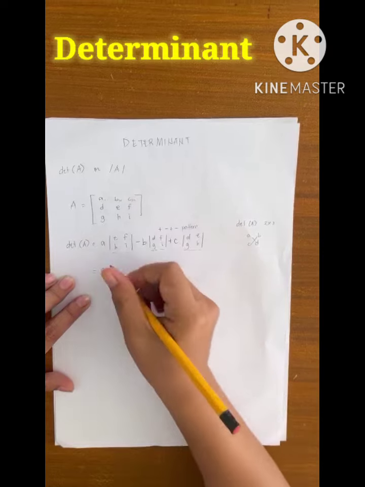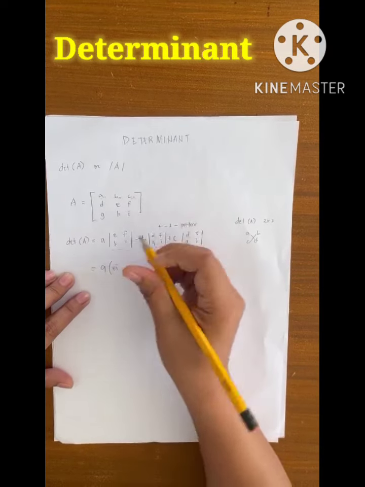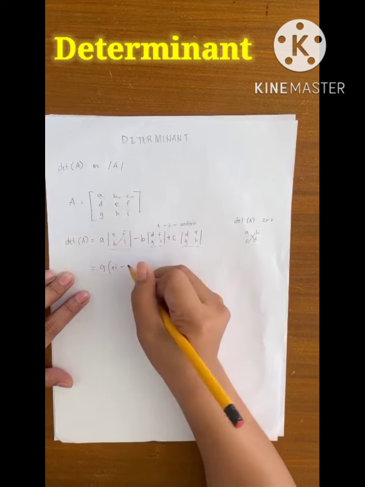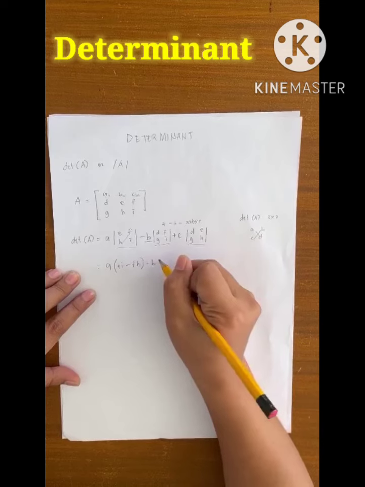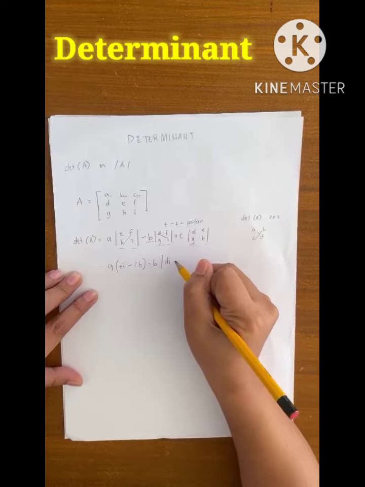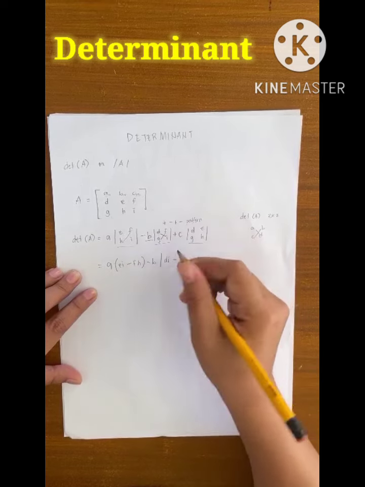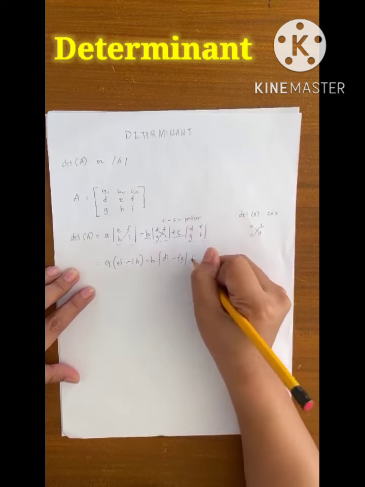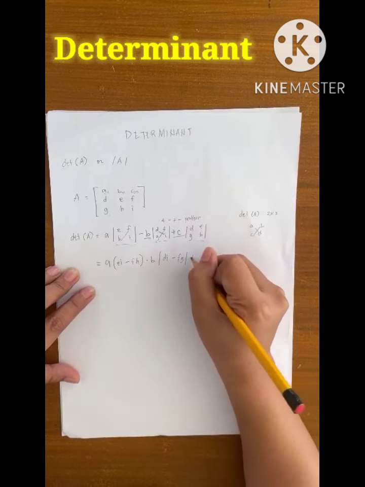E times I minus this one, F, H. Next, negative B, DI minus FG. Plus C, DH minus EG.